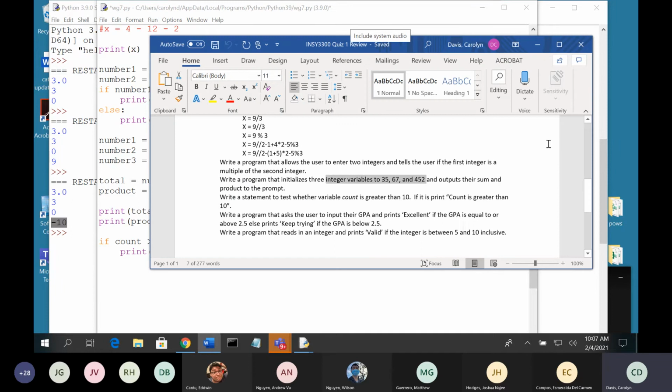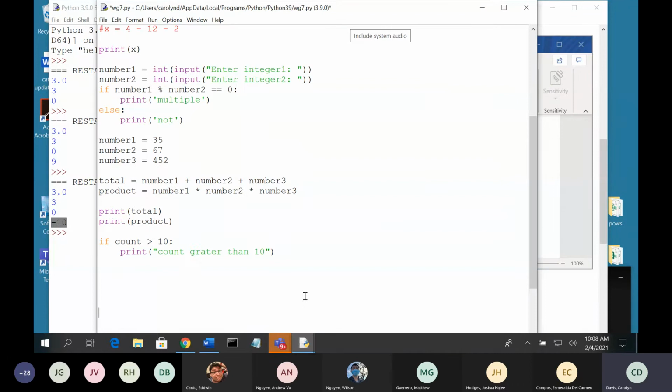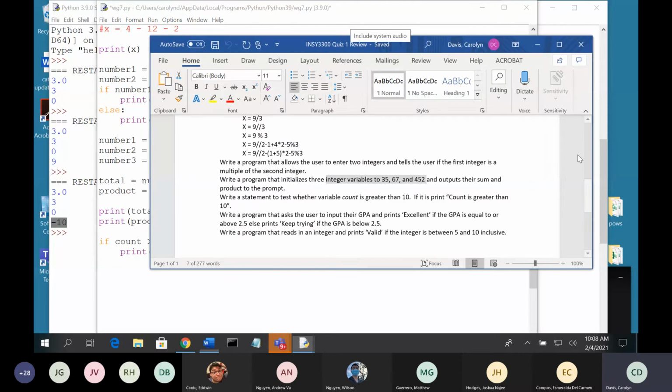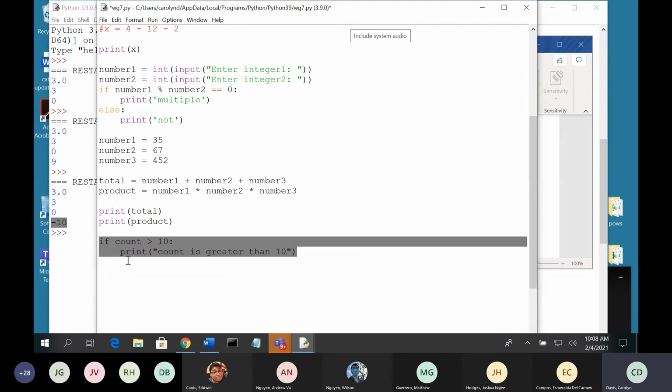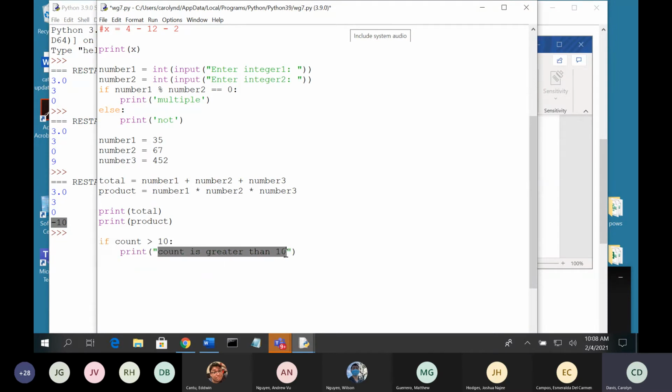Okay, now let's talk about something. Notice in here I said print count is greater than 10. But here I said it had to have a capital C, and here I didn't do that. If you had selected this problem, you'd be wrong because it was not correct inside the quotes.